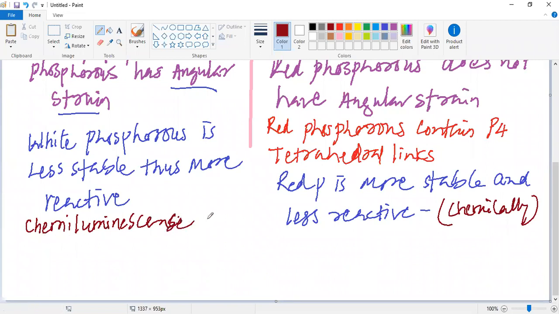This chemiluminescence is shown by white phosphorus, which means it glows in the dark.